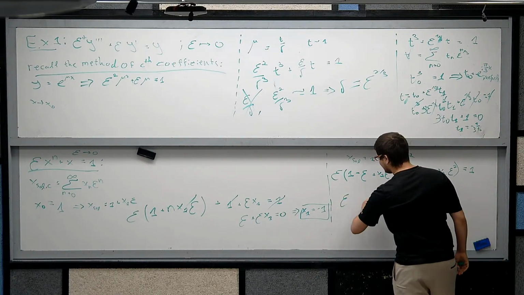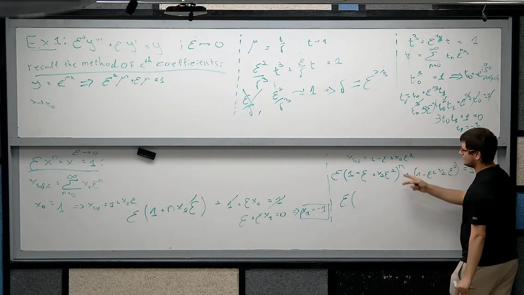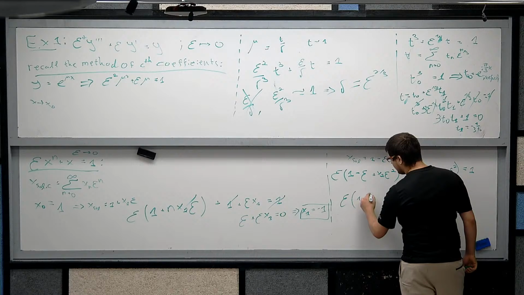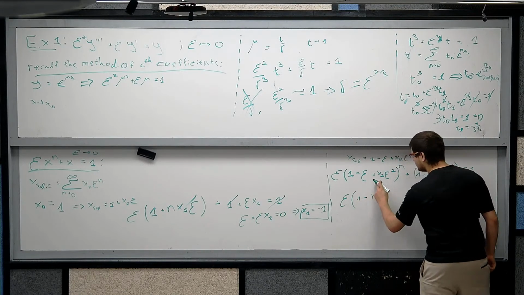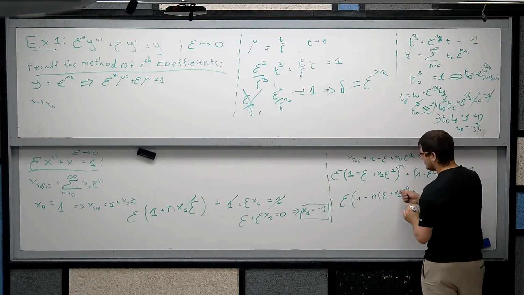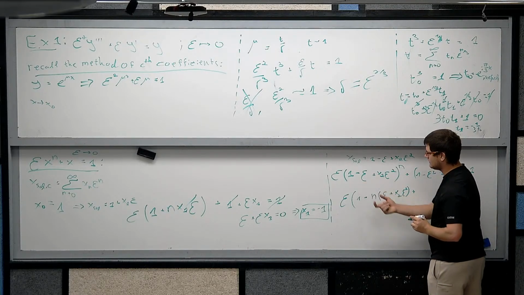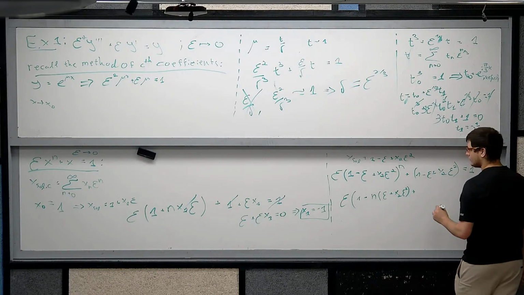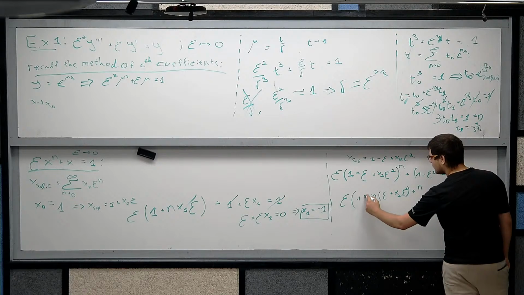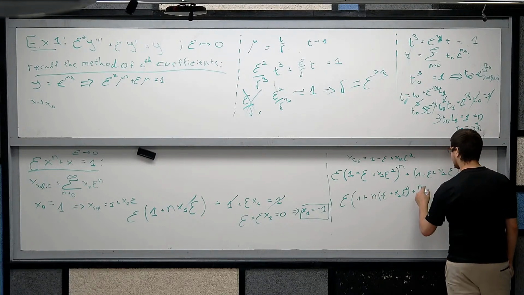Okay. Epsilon. Now the first order will be 1 minus epsilon plus x2 epsilon squared to the power n. And in the next order we can neglect that and only take that to the next order. Should be minus, minus x2 inside.